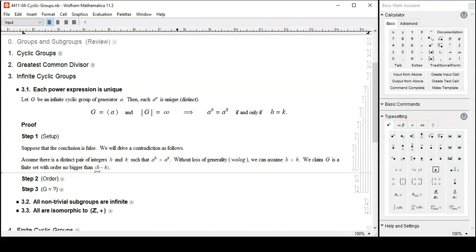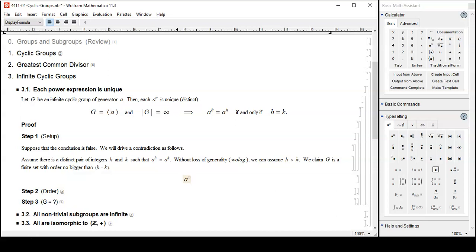So what am I going to do here? That's what I'm up to, a to the k power. These are the same. And then multiply the same thing to both left-hand side and right-hand side. So a to the h minus k power is equal to e. And here, please make this observation.